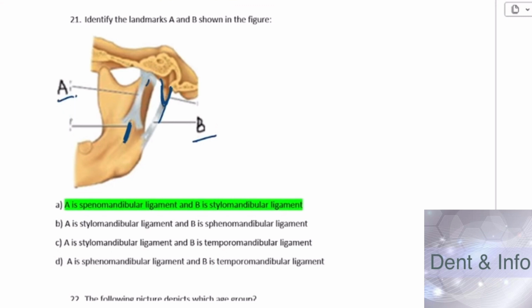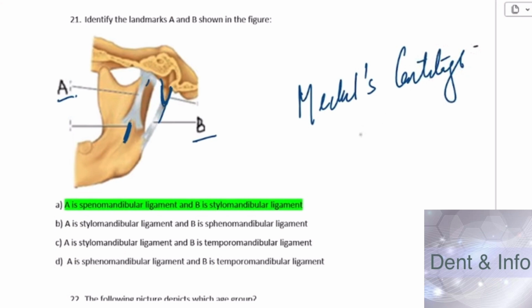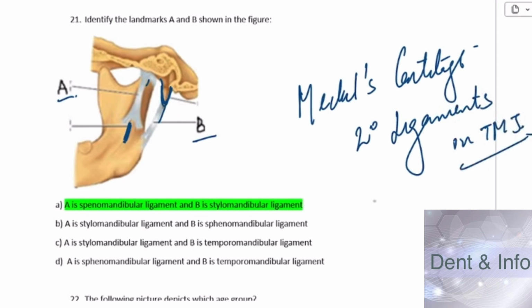Both are derived from the remnants of Meckel's cartilage. Both are considered secondary ligaments in the temporomandibular joint. The primary ones are the capsular ligament and the lateral ligament. The lateral ligament is also known as the temporomandibular ligament. This is general anatomy as well.